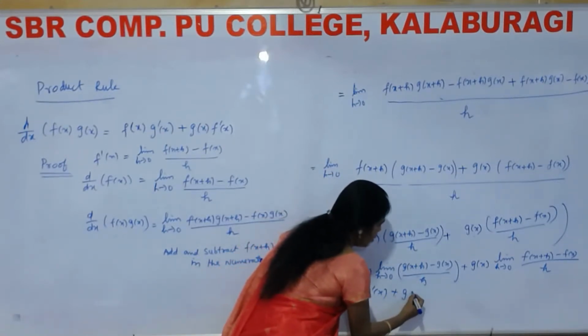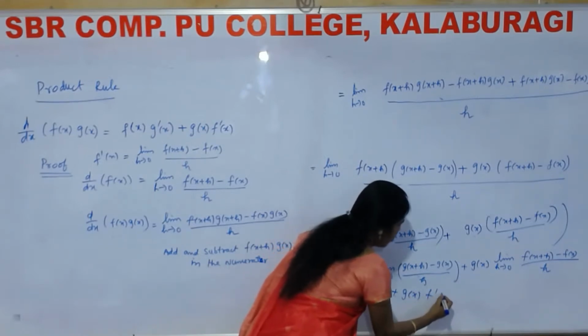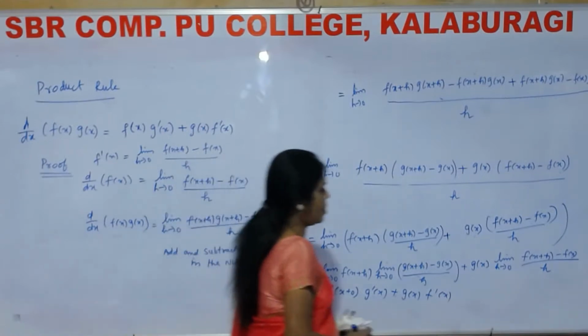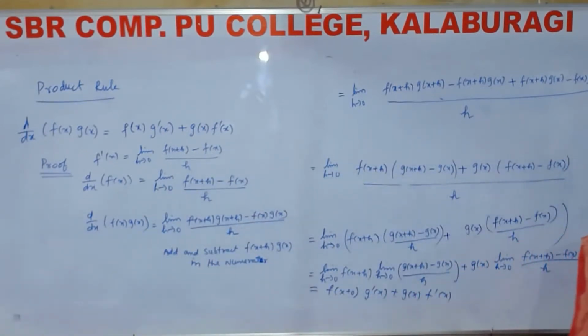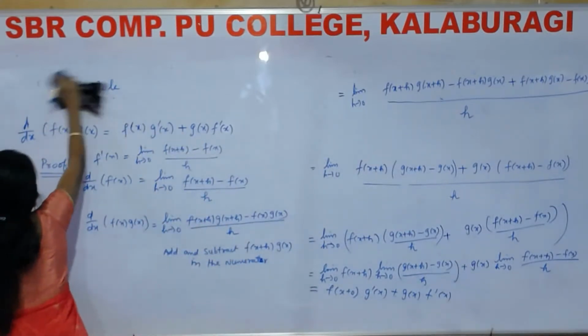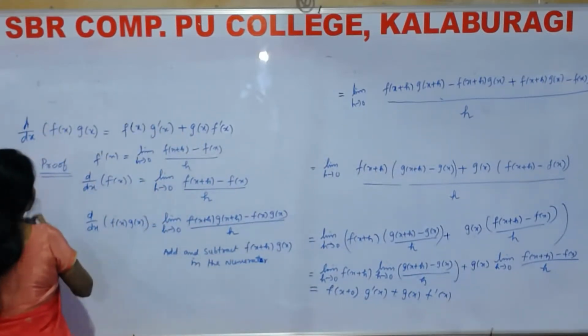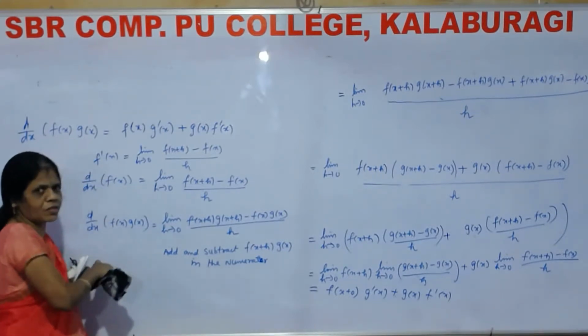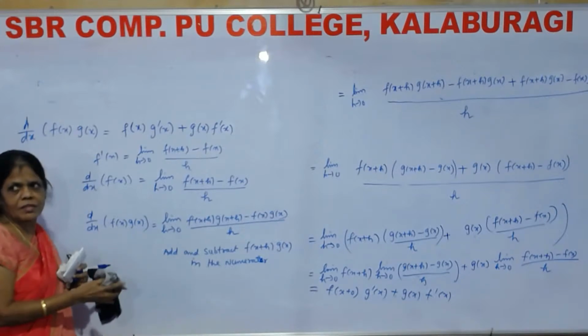What is the next one? g of x into f dash of x. Right. Now, therefore, same thing. Shall I write this? Are you writing here?